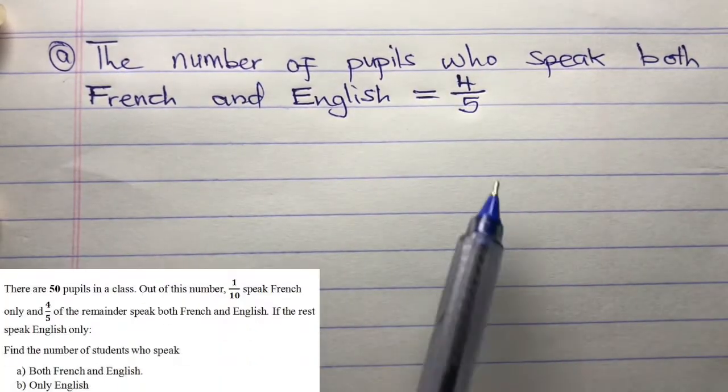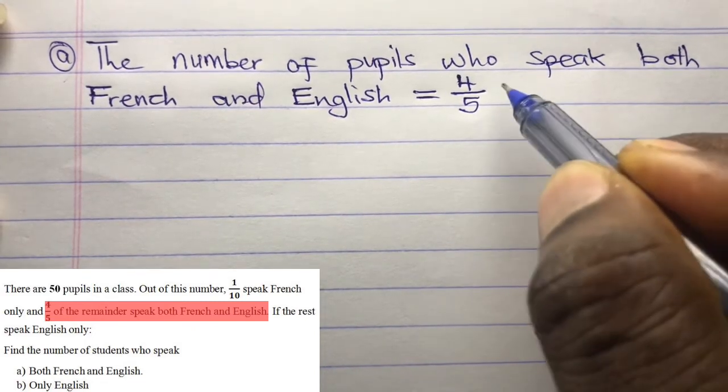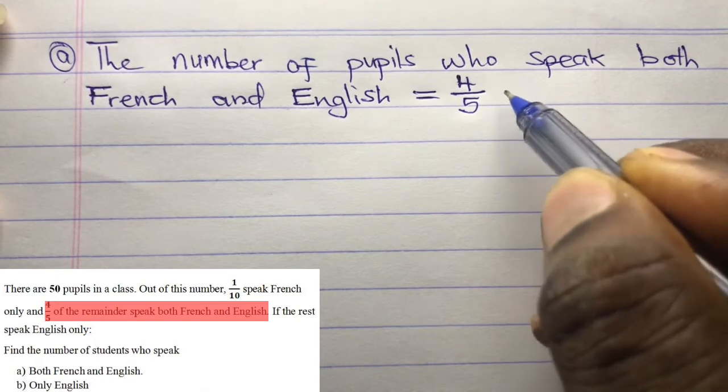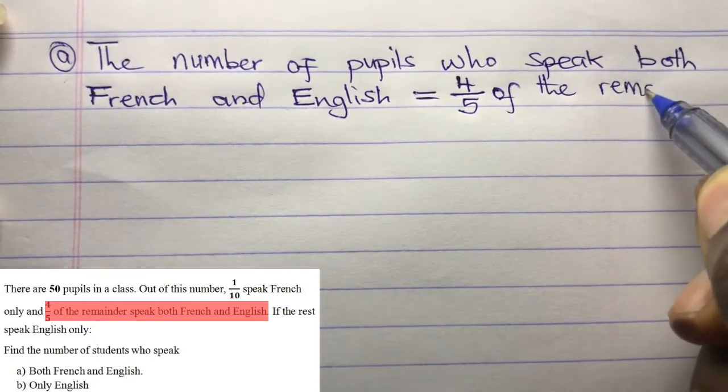And the question says 4 out of 5 of the remainder speak both French and English. So of in mathematics, 4 out of 5 of the remainder.